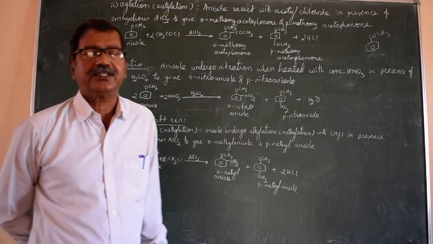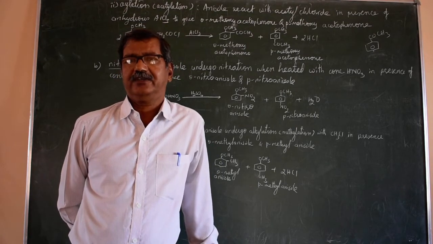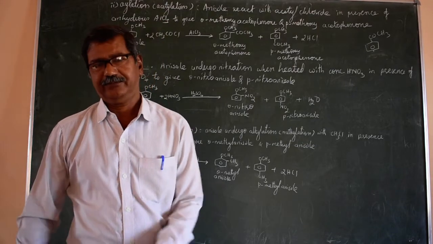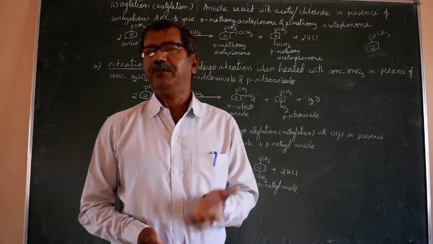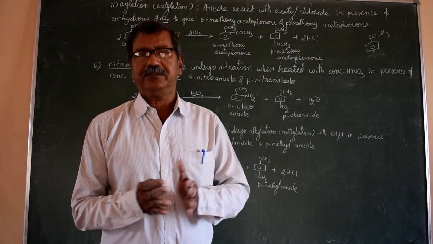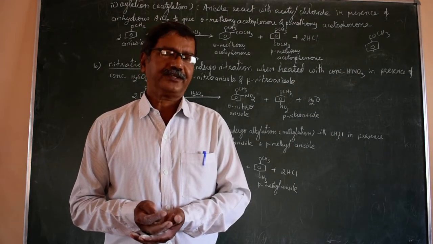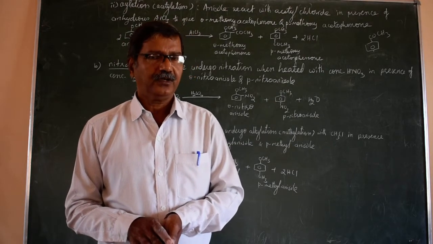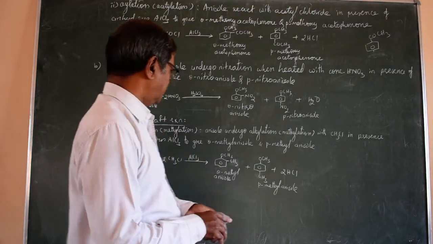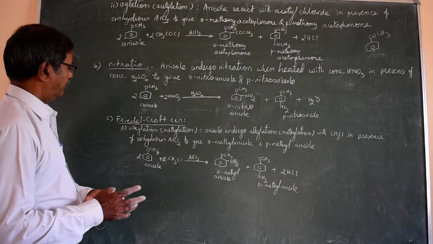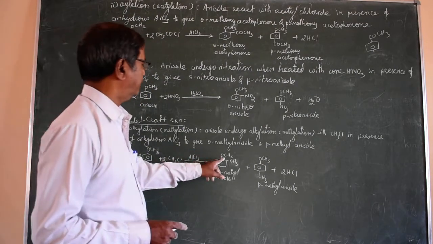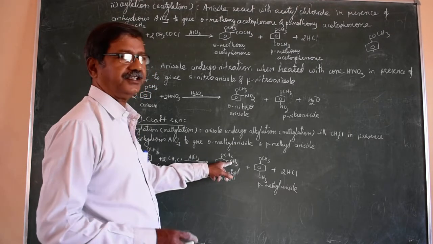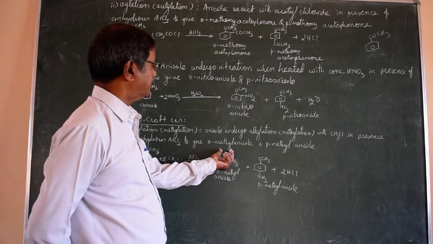In all these electrophilic substitution reactions, you are getting two products, ortho and para. Now the question arises, which one is the major product? Simple answer is para. This is because if the attacking reagent is at ortho position, there is a greater repulsion between the attacking reagent or CH3 group and OCH3.